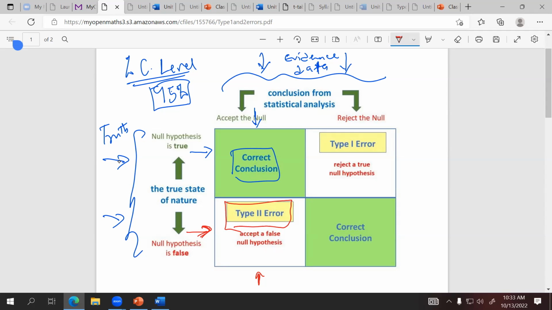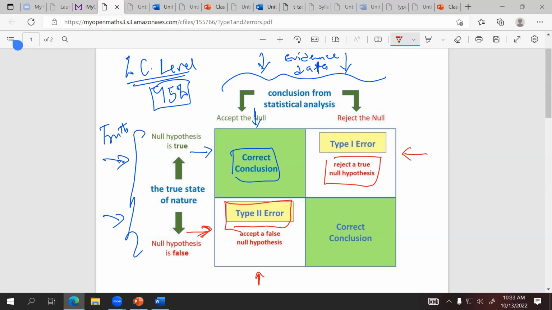Right? In this quadrant here, I'll come over here. If a situation is truly false, right? And somebody collects data and says that situation is true, that person has also made an error. That is a type 1 error.